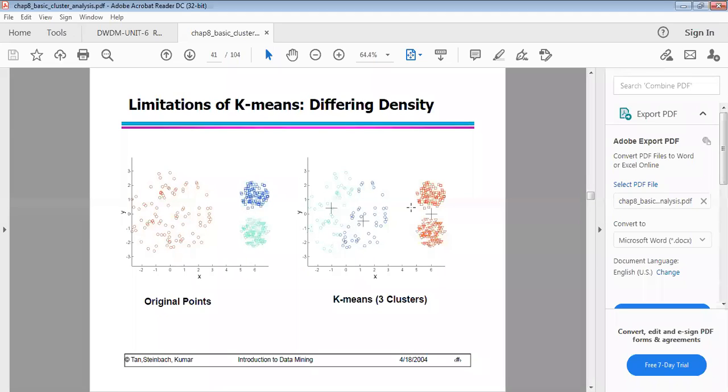This is regarding the simple bisecting k-means algorithm. You apply it to the original points for k-means. Here the density will differ.